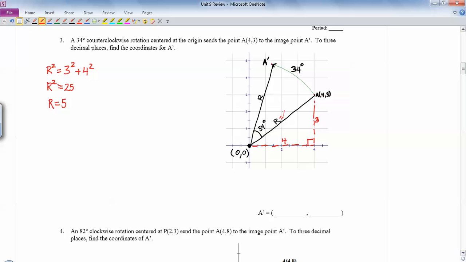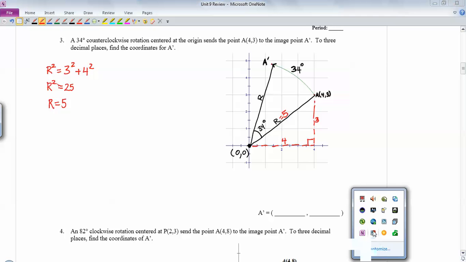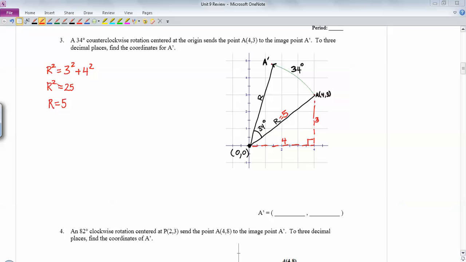Hold on one second. Okay. We can also solve for, let me switch colors, this angle right here. I'll call that one alpha. It doesn't really matter what you call it. You can call it anything you want.